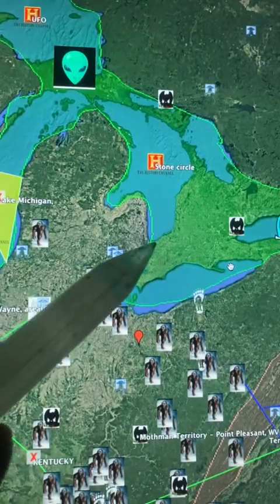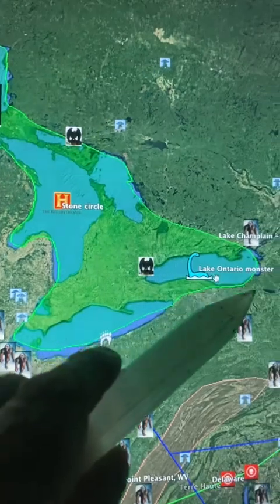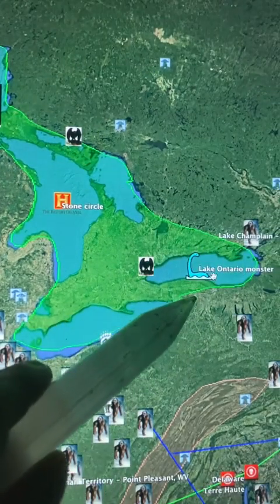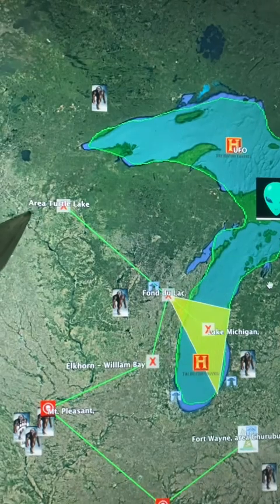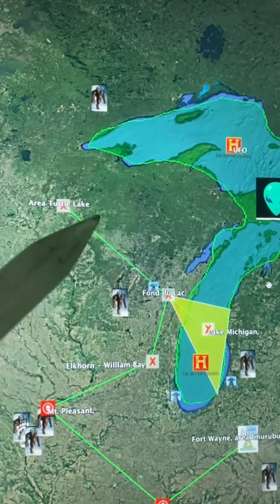Like Lake Michigan. Also we have the Lake Ontario monster, the legends. Oh, the area, the Turtle Lake. Why? It's coming from the turtle reptilians.